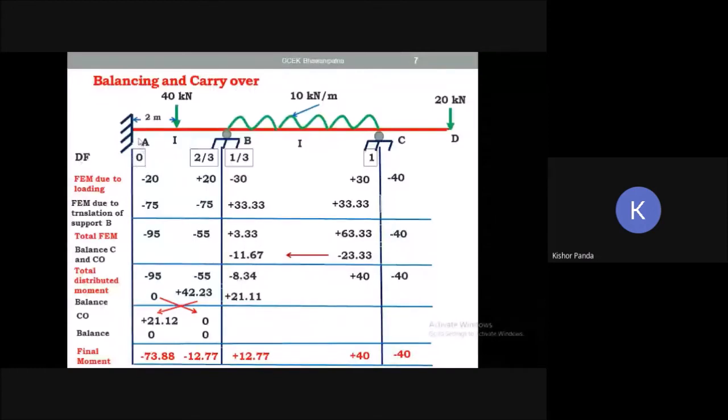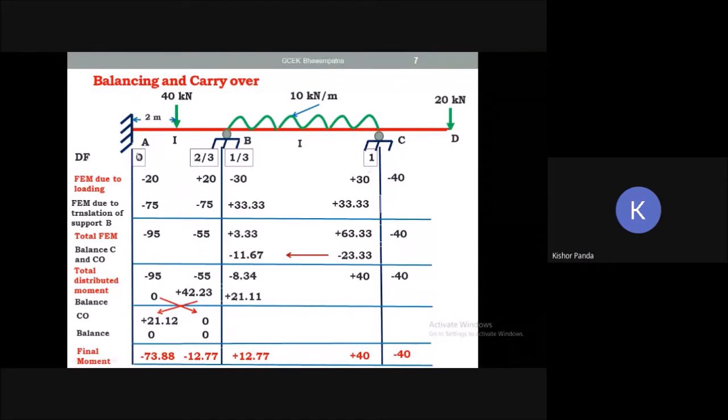So you got the distribution factor RAB 0. Here you put it, and you got the distribution factor RBA 2/3. Then you got the distribution factor for BC, RBC, this is 1/3. Then the distribution factor RCB is 1.